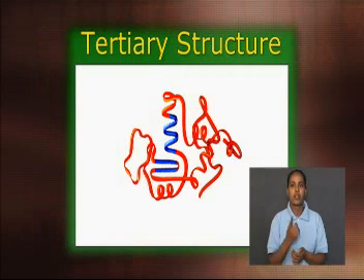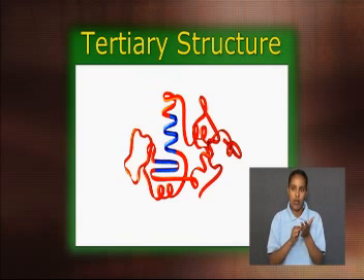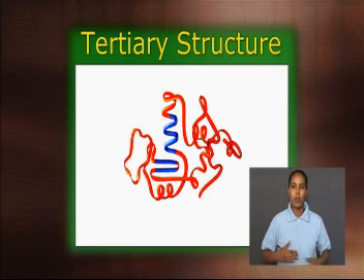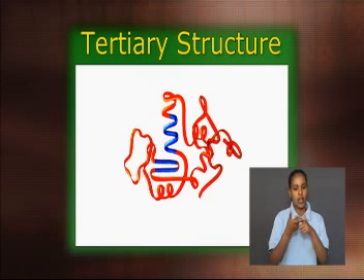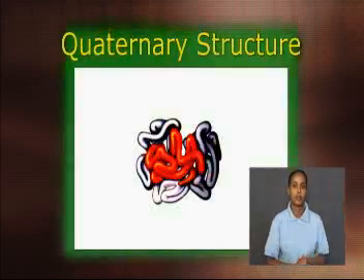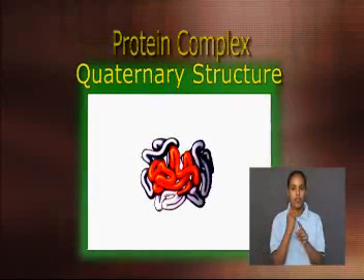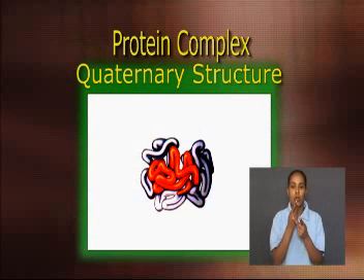The tertiary structure is the overall shape of a single protein molecule. This is the native conformation and is made up of many secondary structures. It controls the basic function of the protein. The quaternary structure is formed by several protein molecules.